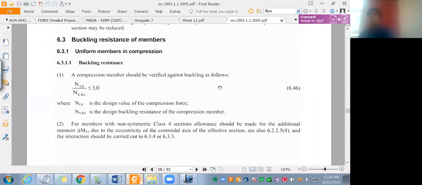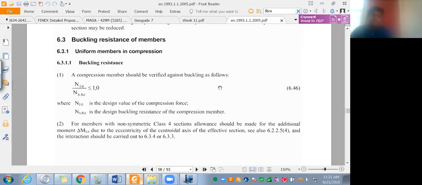When members are under compression, you can have local buckling, you can have squashing. That is what we have seen now. We assumed that squashing failure occurs, then we chose an appropriate section that can withstand the squashing load. So the next part is compression buckling.